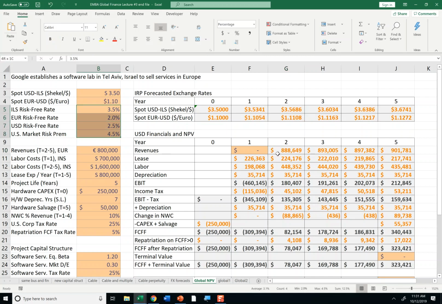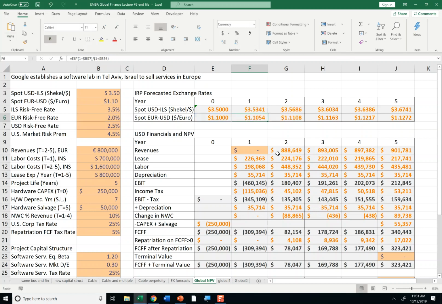However, I'm given interest rates in 3 economies: Euro, Israel, and the US. So I start with the current exchange rate of $1.10. I then use my interest rate parity formula: $1.10 times 1 plus the US interest rate divided by 1 plus the euro interest rate.